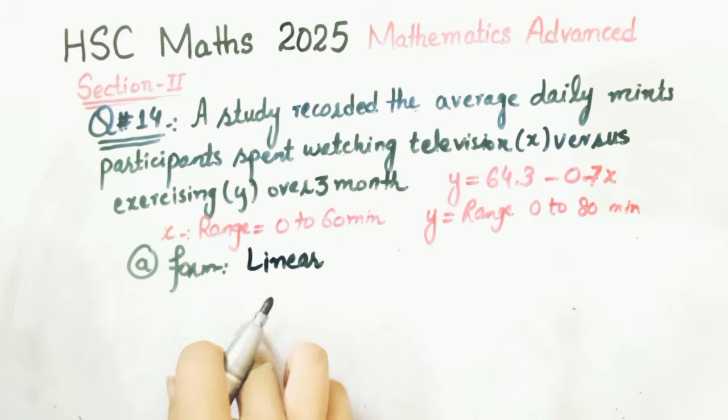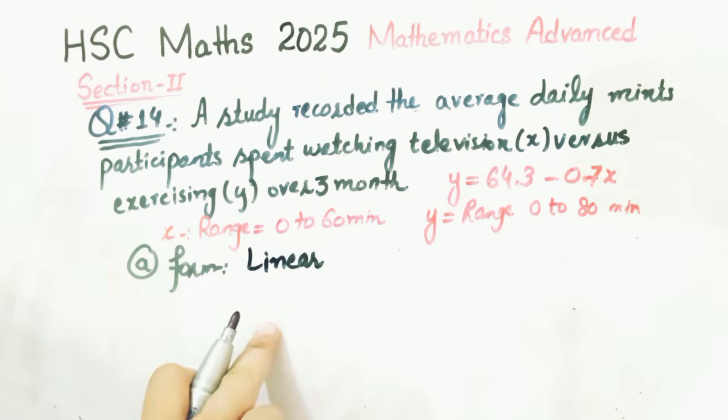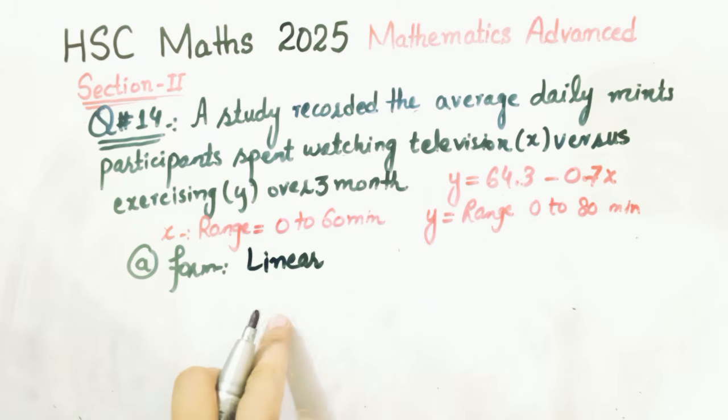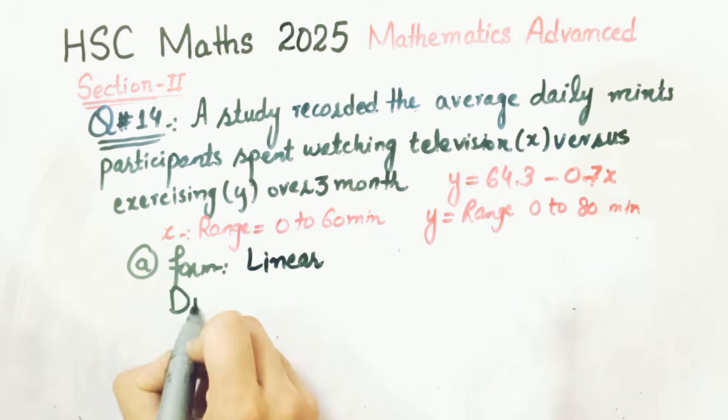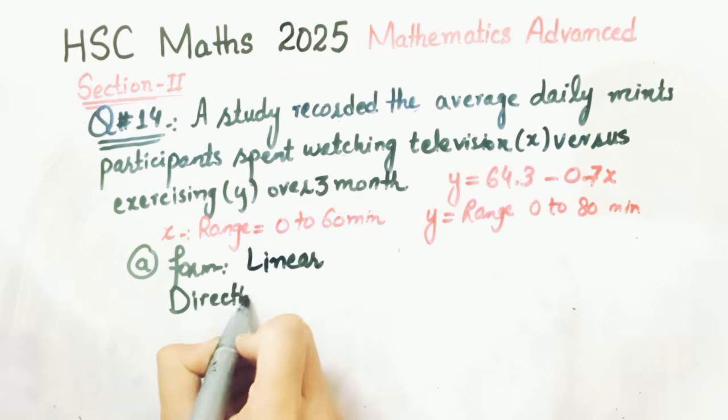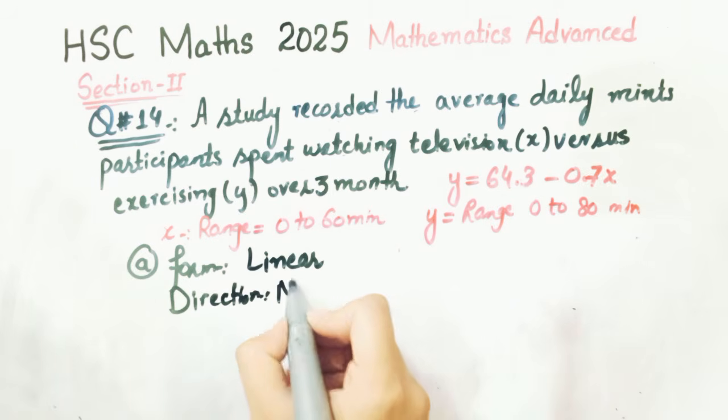The graph that is made on the question paper, you can see that the graph is linear. They don't bend into a U shape or exponential curve. They cluster along a clear straight diagonal path. That's why it's linear. Now what will be its direction? Its direction will be negative.